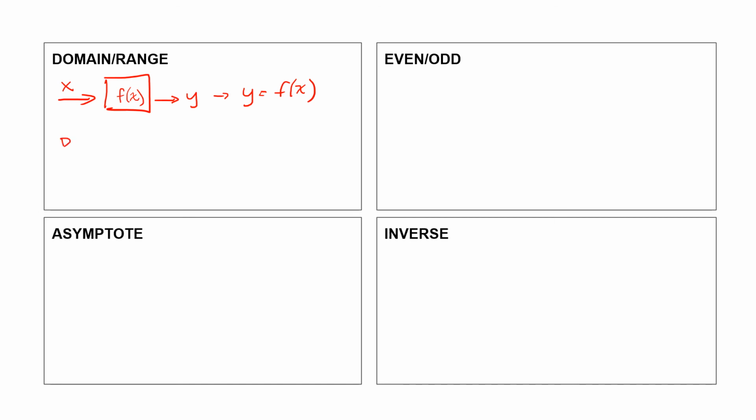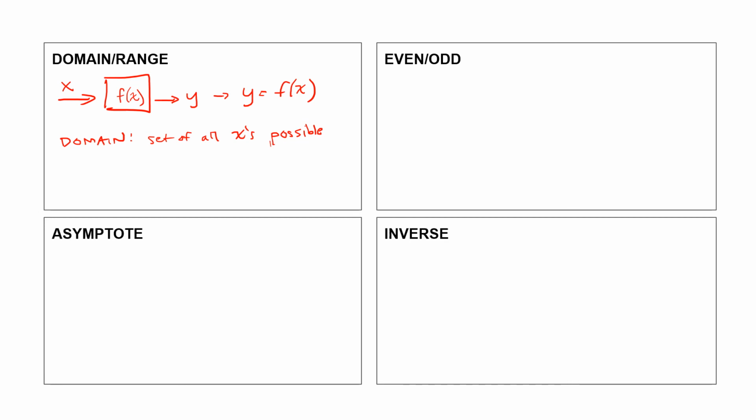So what the domain is, okay? The domain is the set of all x's that are possible. So sometimes, you know, it might be all real numbers. If you're thinking of a 2D graph, for instance, an xy axis, it might be everything from negative infinity to infinity, but there's some exceptions.